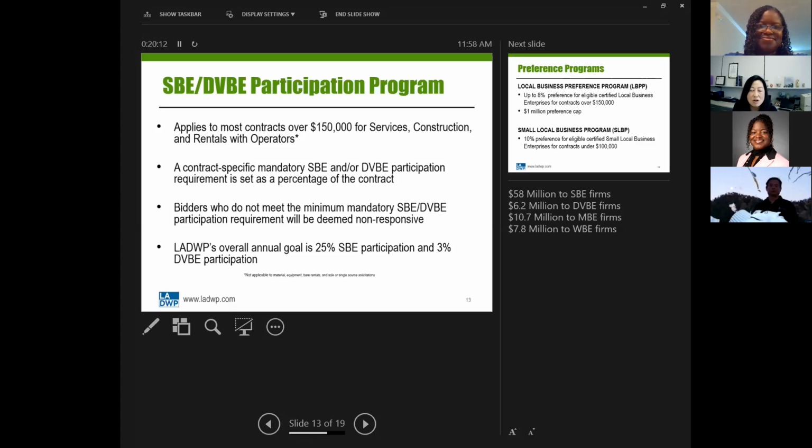If we said it's a minimum mandatory percentage of 20%, and they come in with 19%, it doesn't matter how good their bid is, we throw it out. I've seen people fail, and it's really a shame, but they should have done better trying to bring in more small businesses with them on their team as subcontractors. So they will select subcontractors with SBE or DVBE certifications.